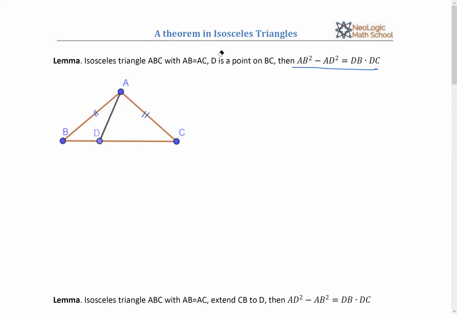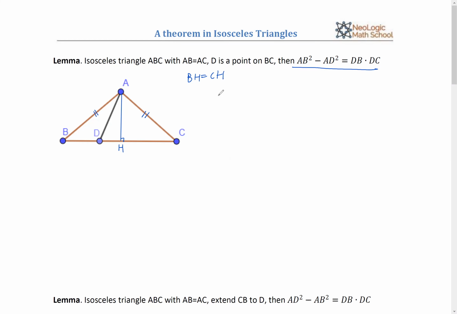But we could try an even simpler proof, which is probably you just draw a height. All right, call this point H. You draw a height from A onto BC. Because this is an isosceles triangle, when you draw a height, you then have BH equals CH, right?